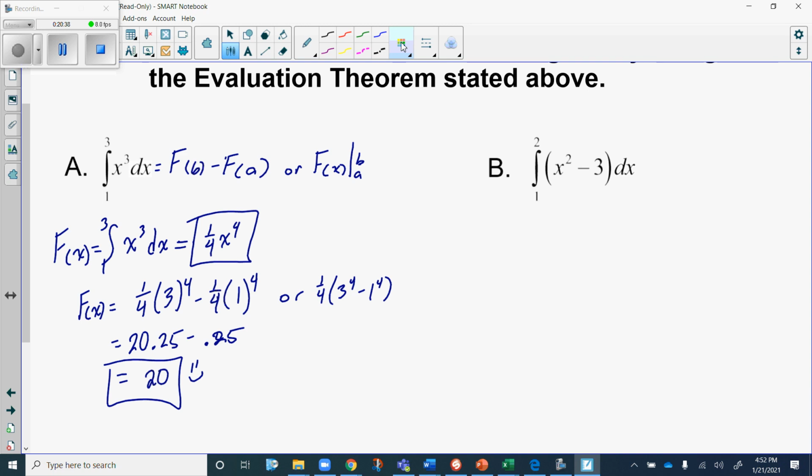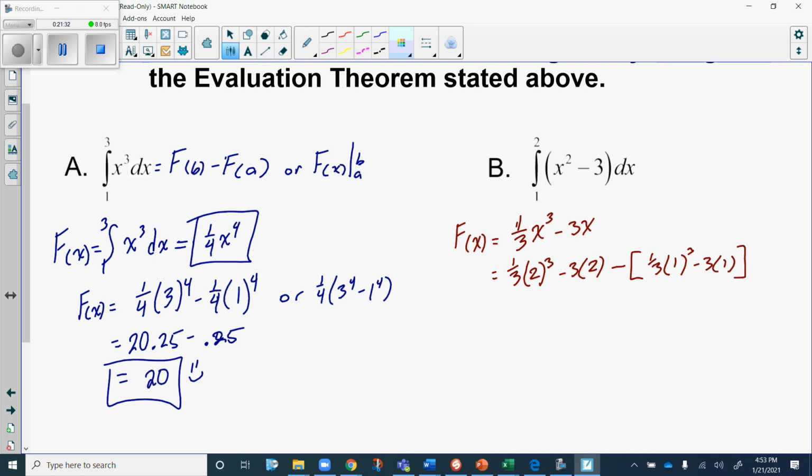But looking at this one, the antiderivative, and I guess we'll just keep it as f of x, is going to be 1/3 x to the third power minus 3x, and we're going to be evaluating it from 1 to 2. So I'm going to say 1/3 times 2 cubed minus 3 times 2, minus, and then 1/3 times 1 cubed minus 3 times 1, and see what we end up with.